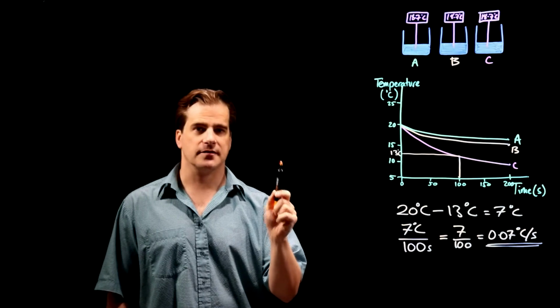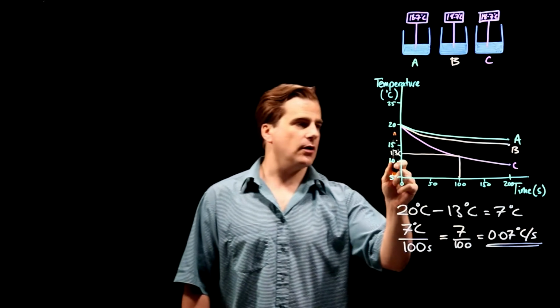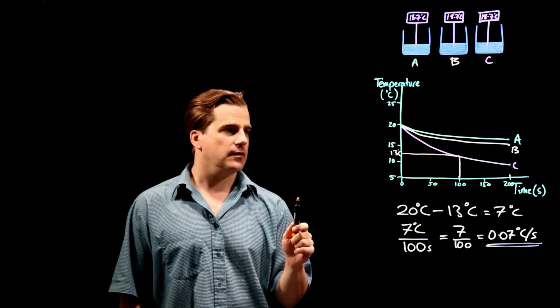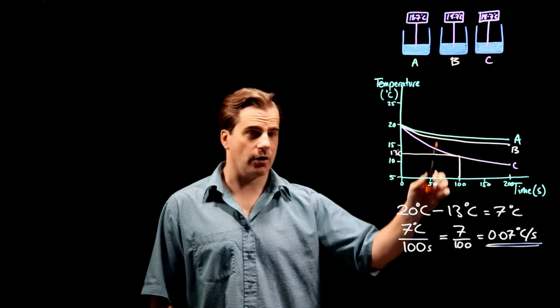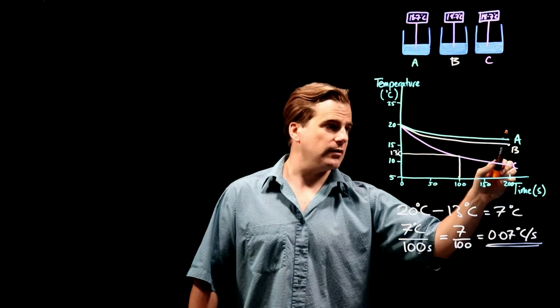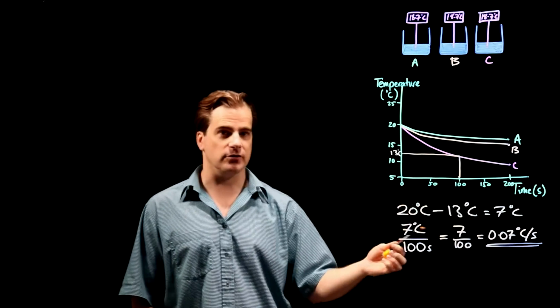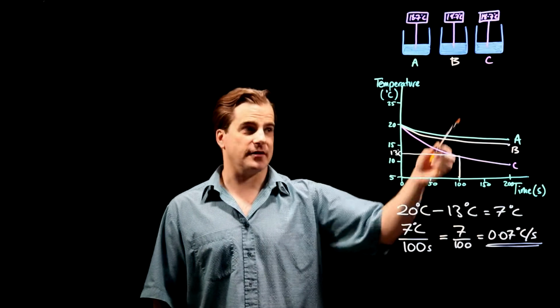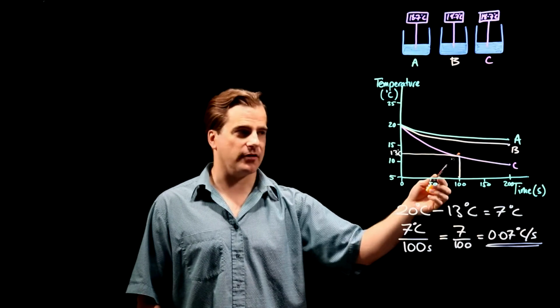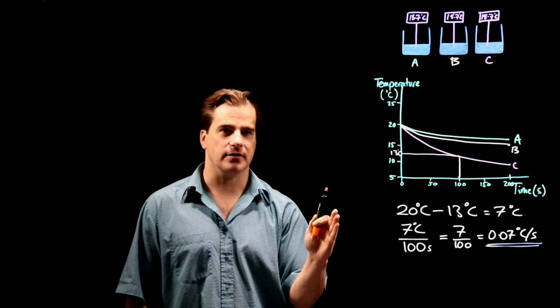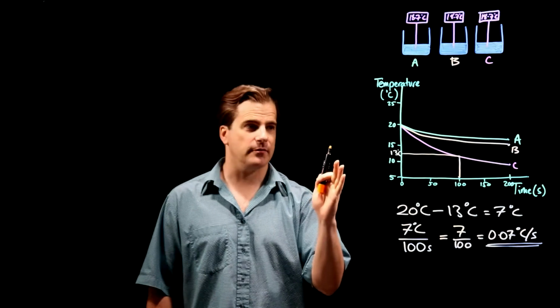Remember, this question is asking about the rate of temperature decrease. It's not asking about the total temperature decrease, because all three have that, the temperature falls in all three cases. It doesn't go up. But remember, always read the question.